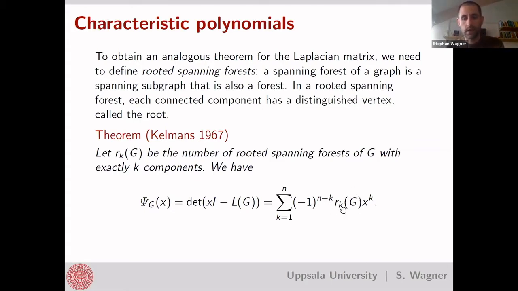So r_k of G, the coefficient that comes with x to the k, is up to sign exactly the number of rooted spanning forests with exactly k components. So in particular, in case 0, there is no coefficient here because there is no spanning forest with 0 components. And that's consistent with 0 being an eigenvalue. There is no constant term in the polynomial, and that means precisely that x equal to 0 is one of the zeros of the thing.